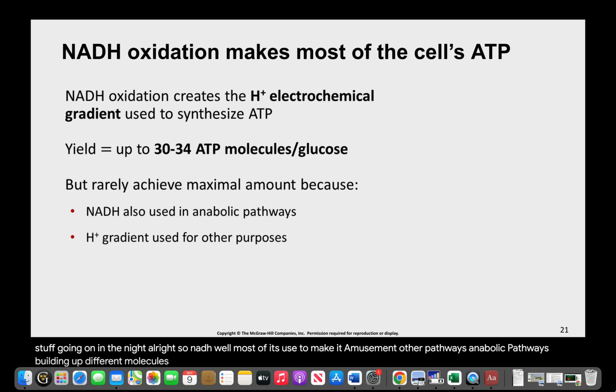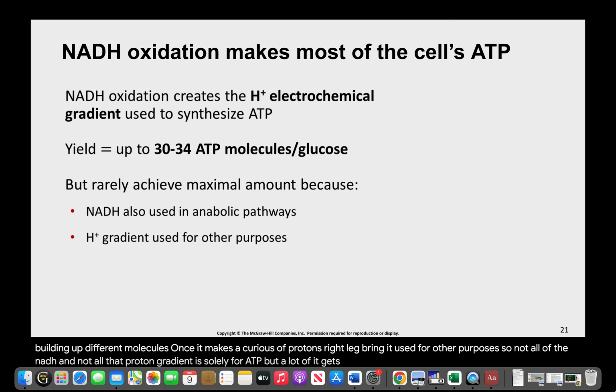Once it makes that gradient of protons, that gradient can be used for other purposes. So not all of the NADH and not all of that proton gradient is being used solely for ATP, but a lot of it is.